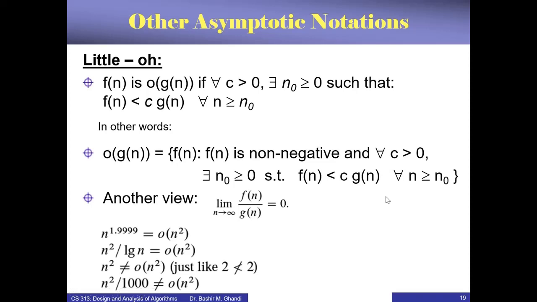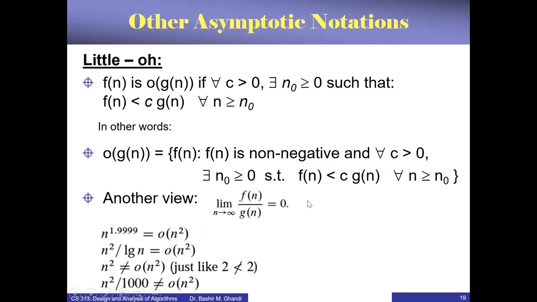Let's see examples. n to the power 1.9999 is definitely strictly less than n squared. Therefore, we can say this function is little o of n squared. Can we say n squared is little o of n squared?